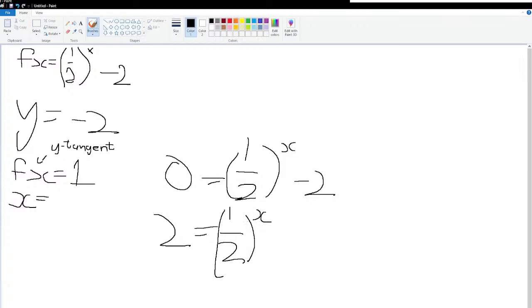What we're going to do is multiply both sides by 2, which means 4 equals 1 to the x, I think. And then, no. Something's wrong. I think I did something wrong.